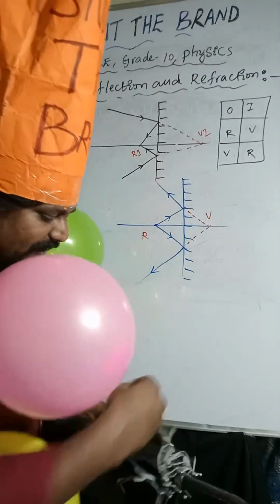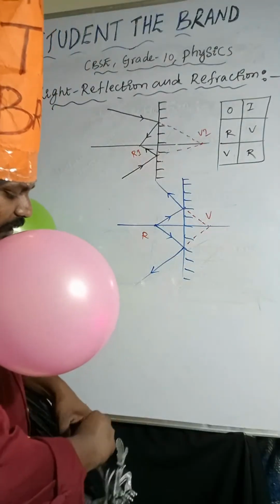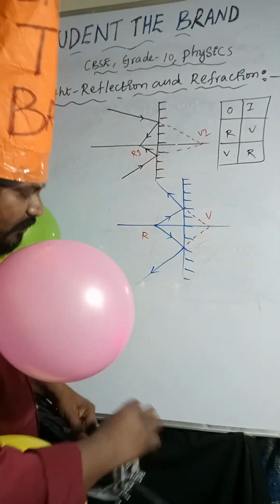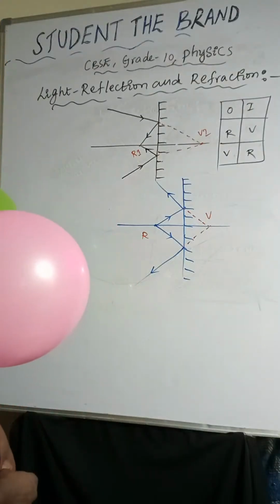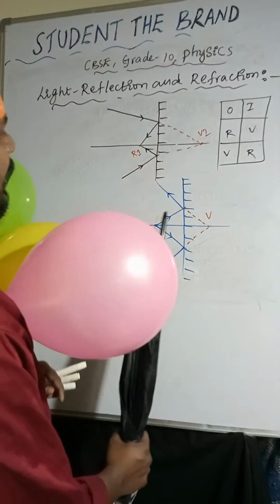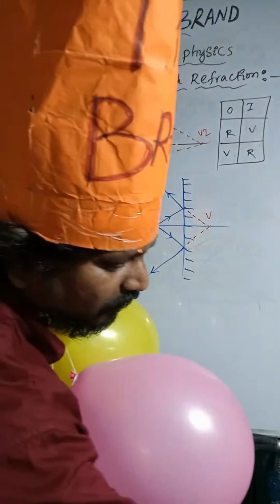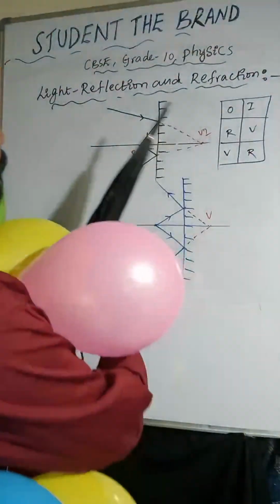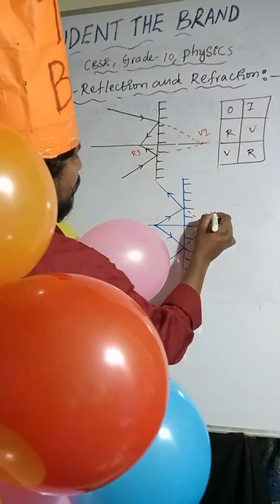I will explain, don't worry. It is a small point, very simple. Actually here, this is the real image, virtual object.